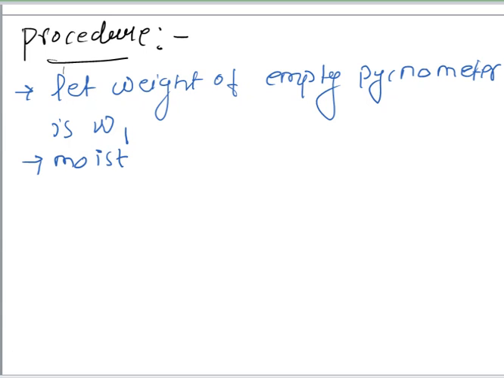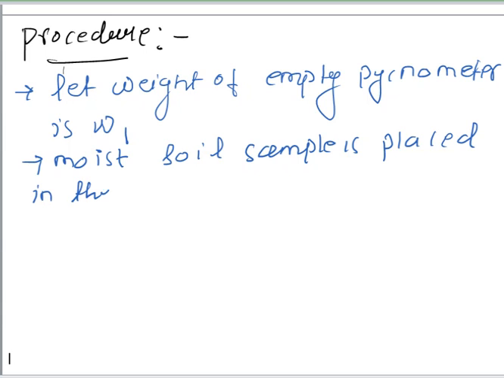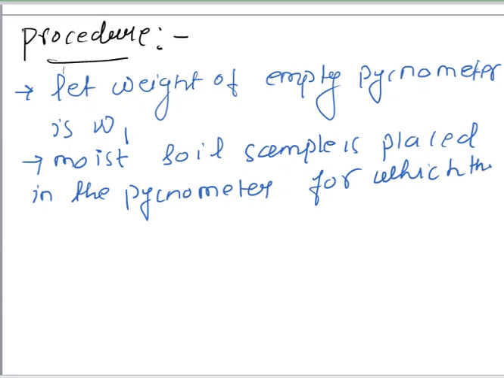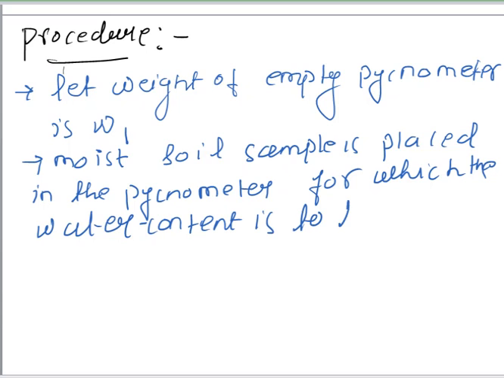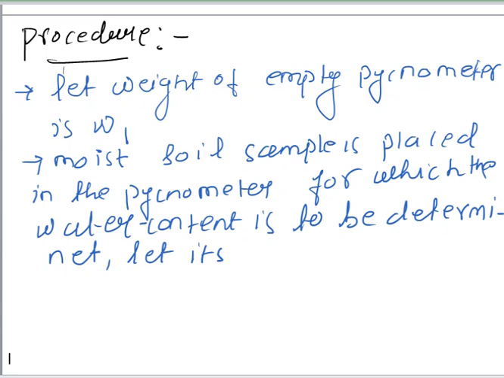Moist soil sample is placed in the pycnometer, for which the water content is to be determined. Let its weight equal W2.